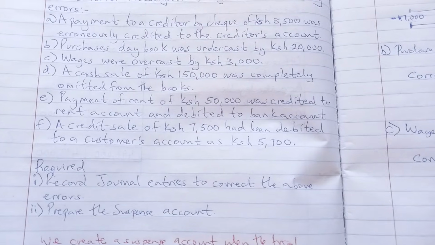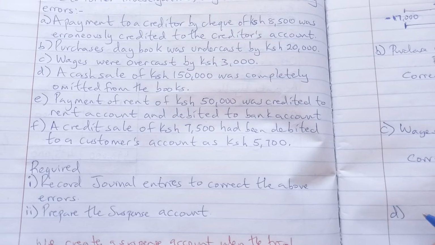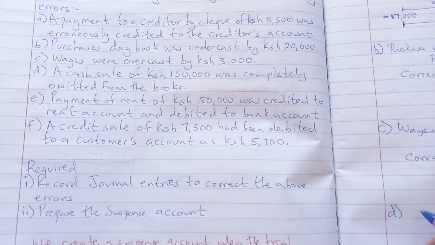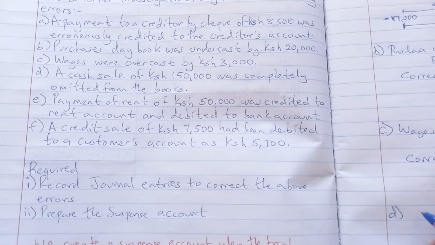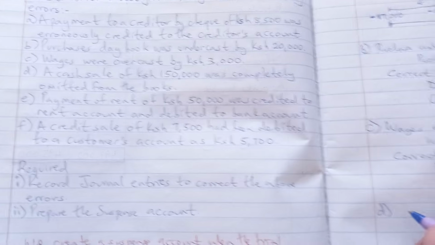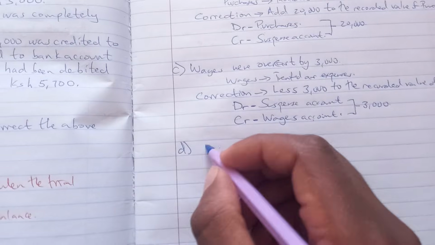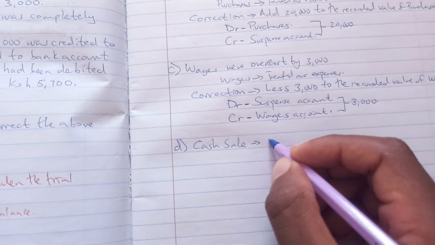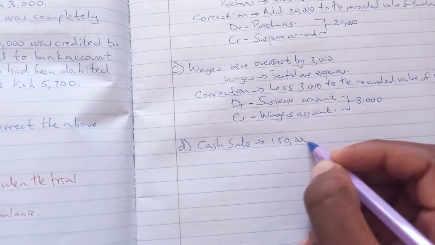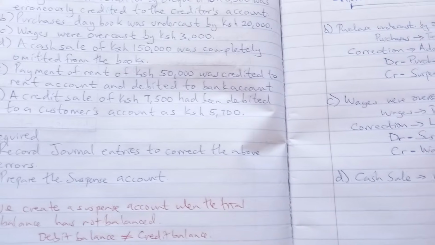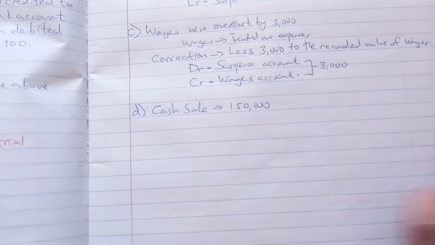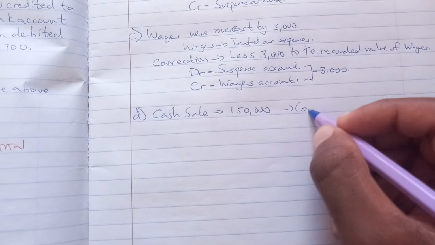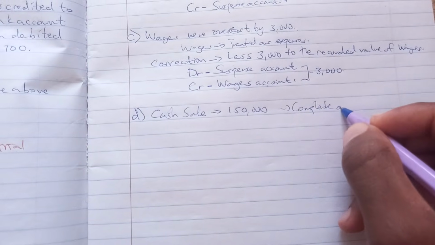So when we go to D, a cash sale of 150,000 was completely omitted from the books. Cash sale, and this cash sale is of 150,000. Yeah, now this one is a complete omission.